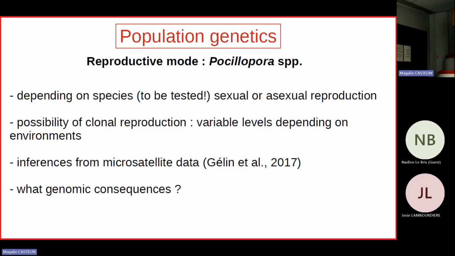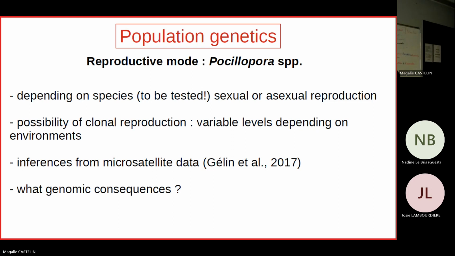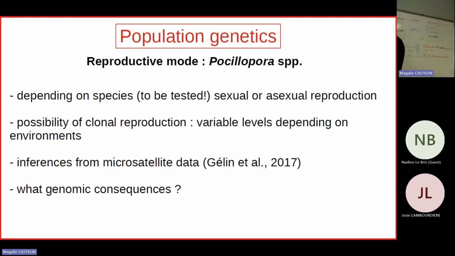But in Pocillopora and in other corals, depending on species and sometimes maybe on population, in all cases they can do sexual reproduction, but there are some cases of asexual reproduction. And among asexual reproductions in Pocillopora, there are various articles about clonal reproduction.